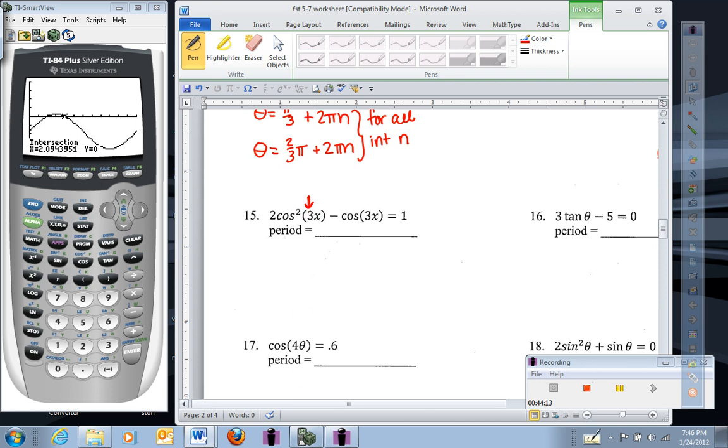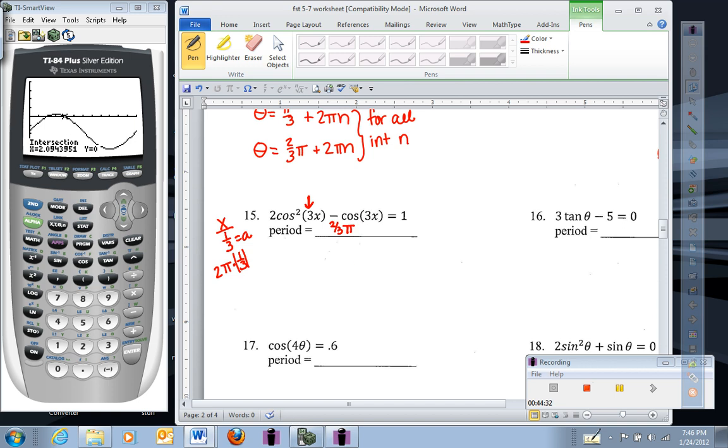So we think, all right, if we're multiplying by 3 it's like dividing by 1/3. So the a value should be 1/3. And so if we take 2 pi times the absolute value of 1/3, we're going to get a period of 2/3 pi.